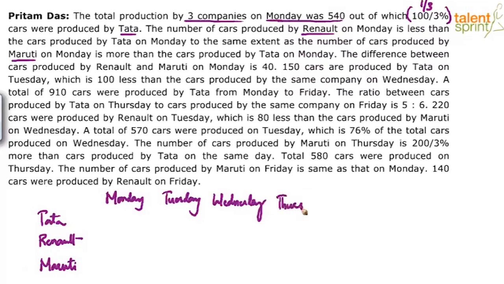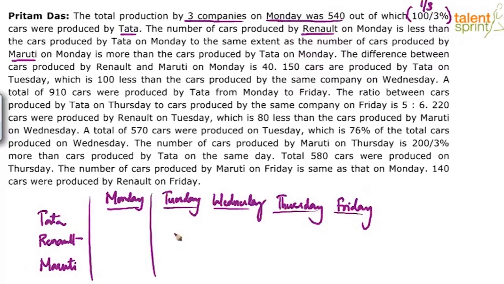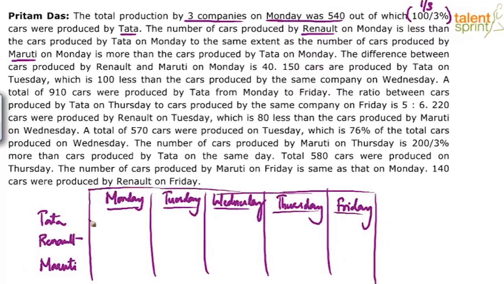I think I'm wasting our time by writing all these full days, I can just use the initials. So these are the 5 days and 3 companies. We have to fill in these values before we proceed to answer the questions.